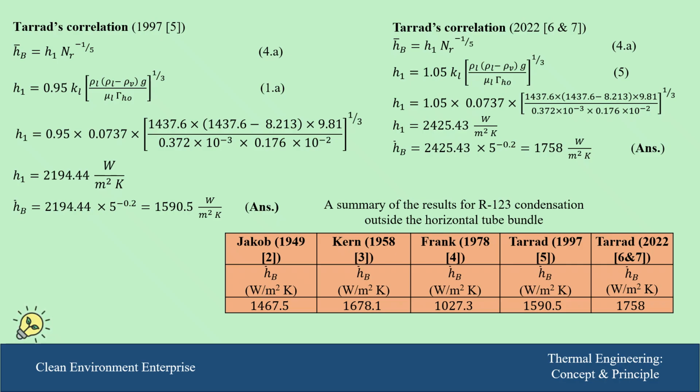We may find that the lower value was predicted by Frank, and we have Jacob, then we have Tarrant 1997, followed by Kern in 1958, which is equal to 1678.1, and the highest value was predicted by Tarrant 2022, a value that corresponds to 1758.